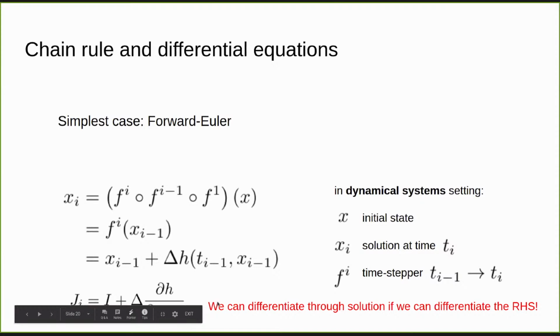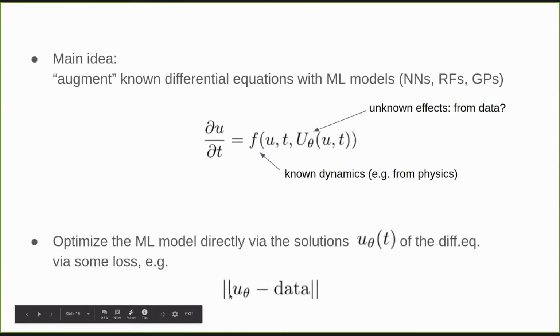But for this whole case of these universal differential equations, we said that the right-hand side is composed of some black box machine learning model and some known dynamics, which have to be either in an auto-diff environment or for which you need to manually provide the Jacobians. We already said that we require this to have known partial derivatives.